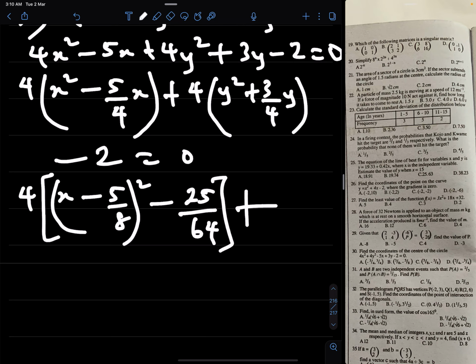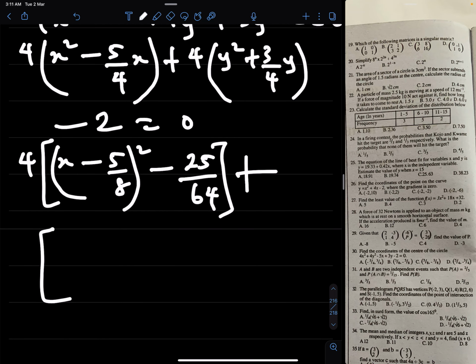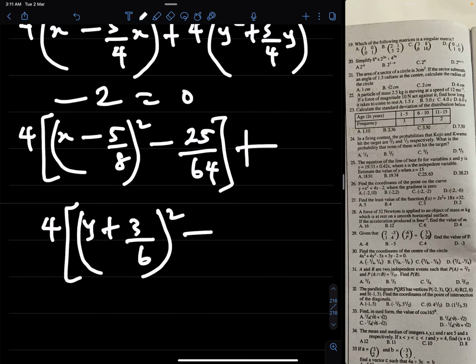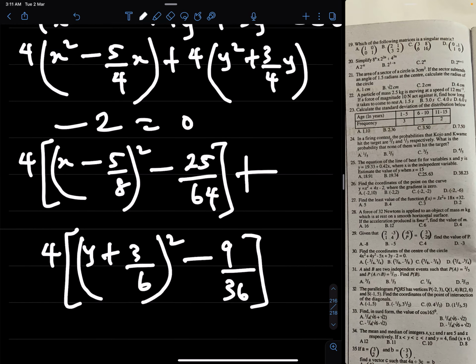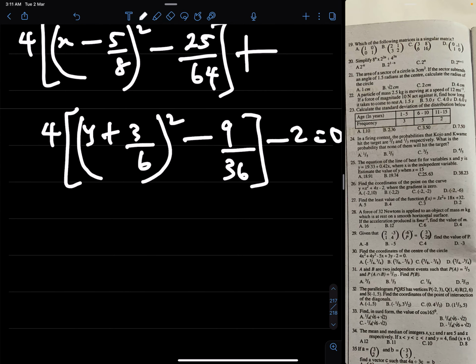Plus, I close that bracket, plus, I'm completing the square for these two, that will be plus 4 times y plus half of 3 over 4 is 3 over 6, all squared, minus the square of that half. 3 over 6 squared is 9 over 36. Close the bracket, and then minus 2, everything equals 0.